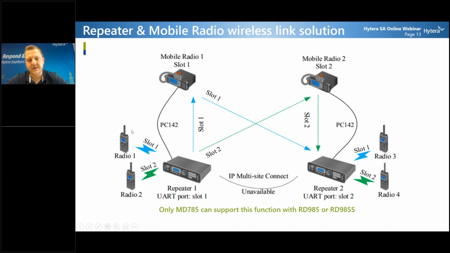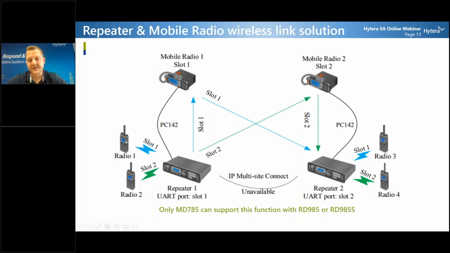So how it would work is if I transmit from radio 1 on slot 1, this repeater will receive the signal on slot 1 and rebroadcast it on slot 1 for this area where the repeater is. But also take note that this signal will be transferred to the mobile radio, and this mobile radio will transmit the same signal with all the information of this radio, data, everything, and it will then retransmit this signal over slot 1 to this repeater, which will then rebroadcast the signal on this side.